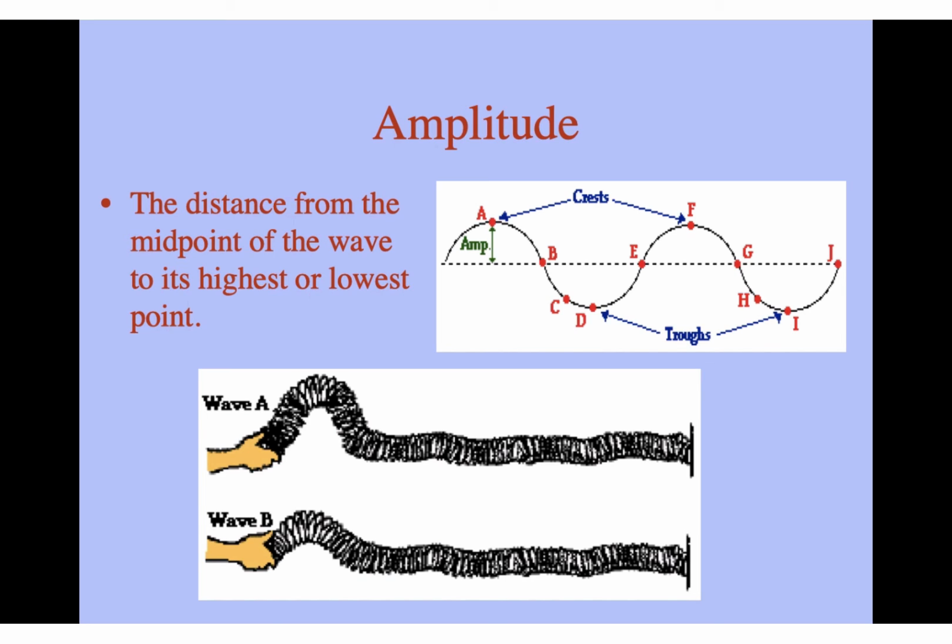It could be any point on those waves. So if we start at B, the wavelength is from B to G. If we started at E, the wavelength would be from E to J. If we started at A, the wavelength would be from A to F. So it's the distance for the whole complete wave, above the dotted line and below the dotted line is one wave.